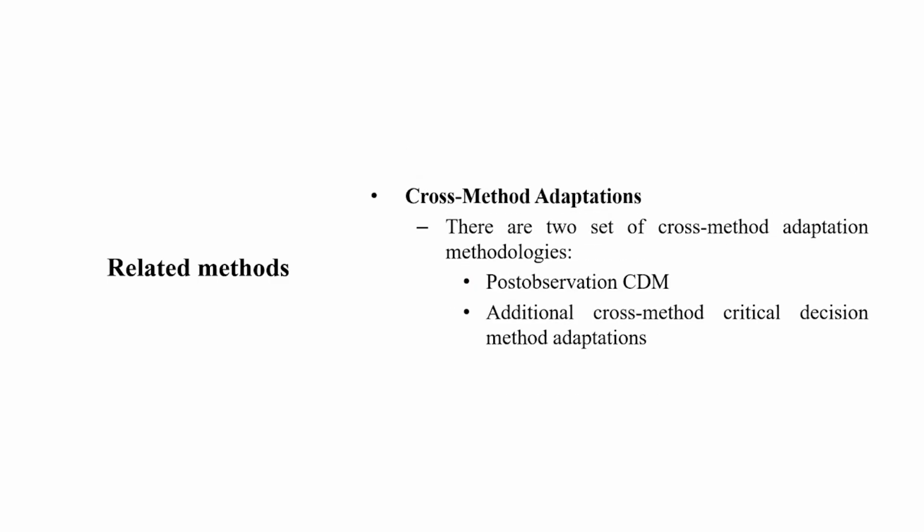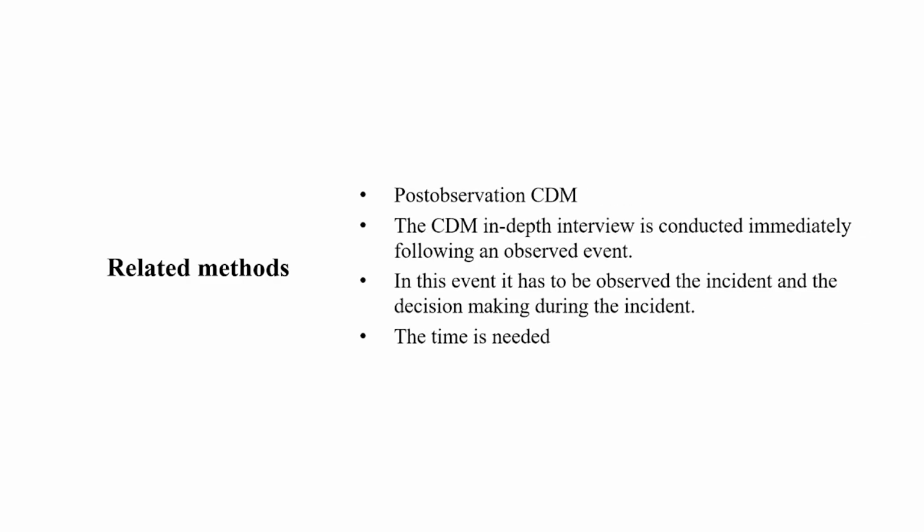Whereas in the cross method adaptation, there are two sets of adaptation. One is post observation CDM: once you complete your observation, you do some kind of follow-up on what you actually gained out of it. The second is the additional cross method critical decision method adaptation, which is also possible. In post observation CDM, what exactly do we do?